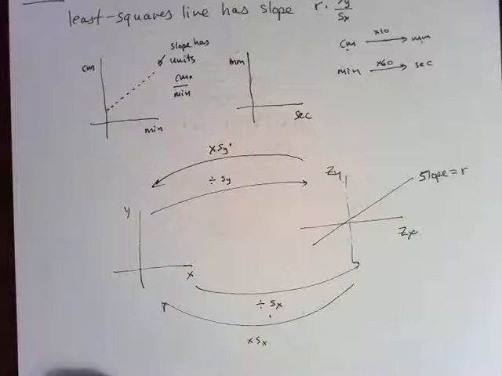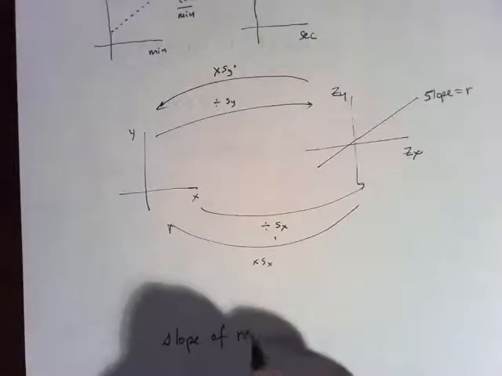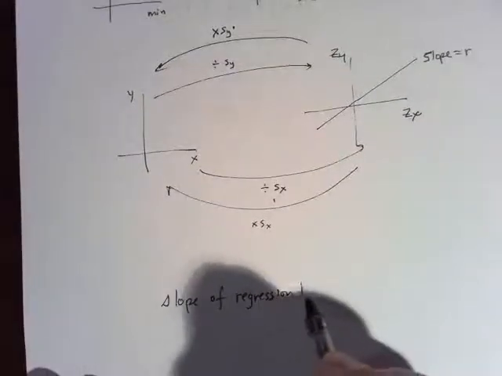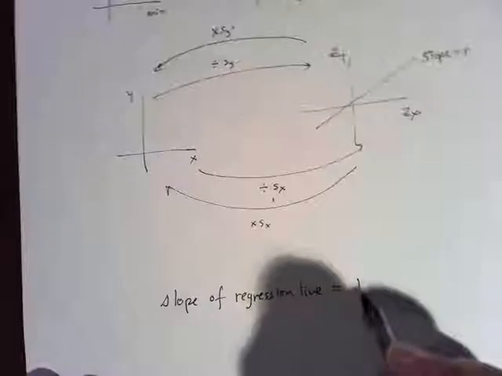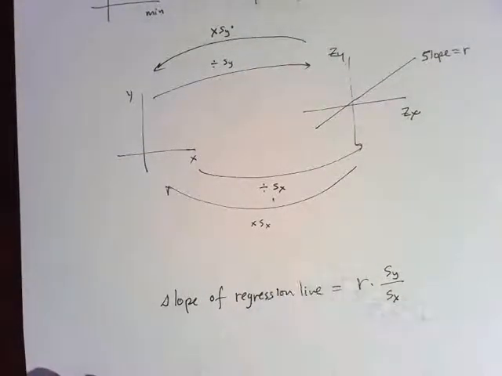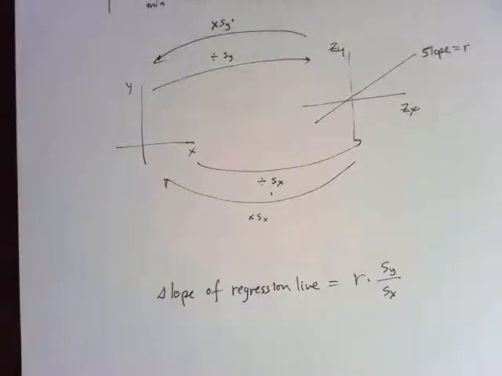And that's why the slope is r times sy over sx. So I'll have another video where I do an example of putting this to work.